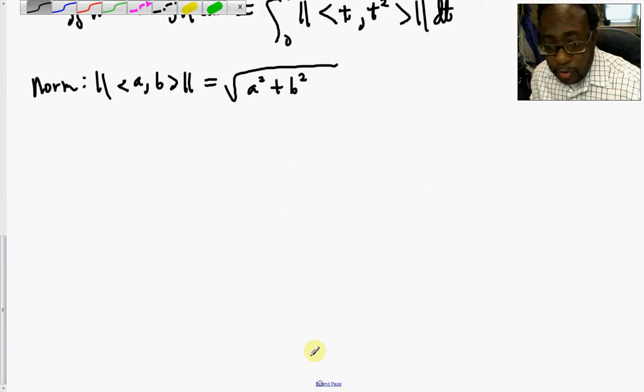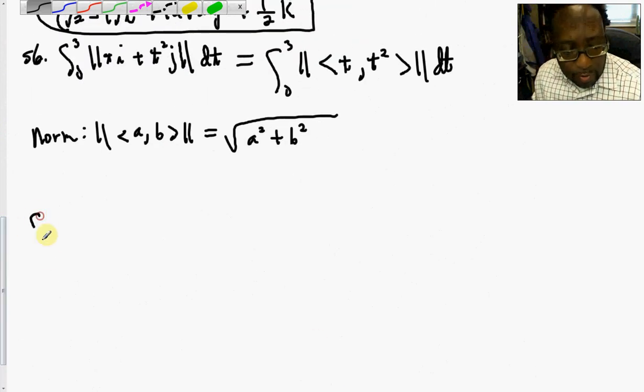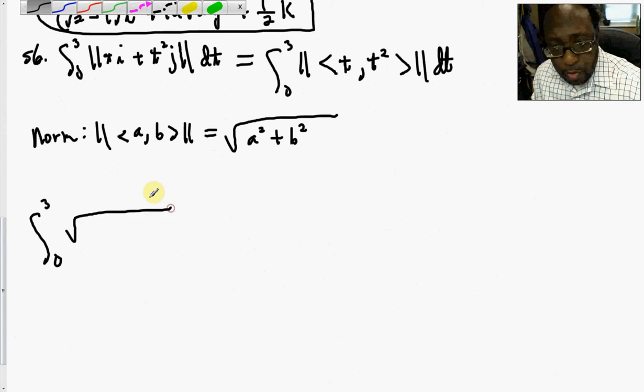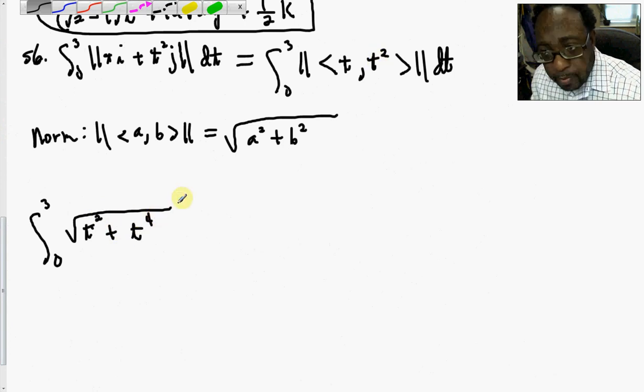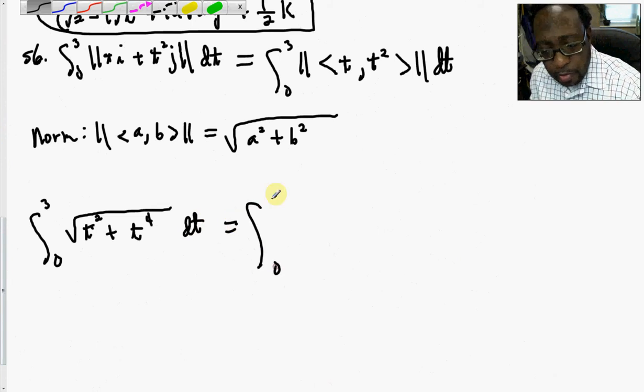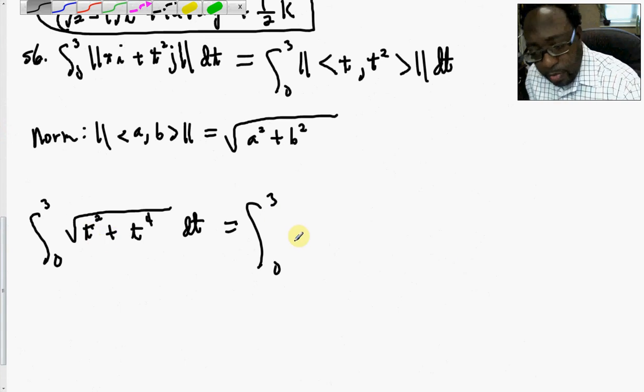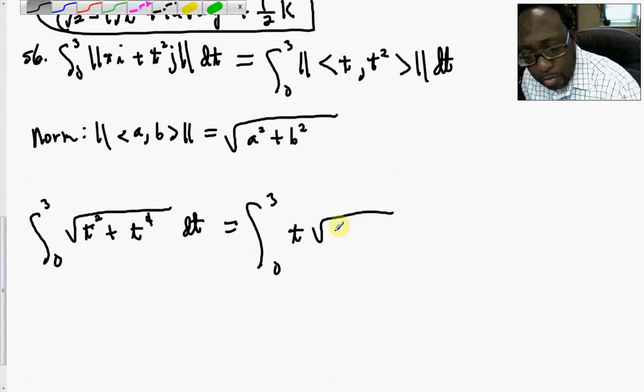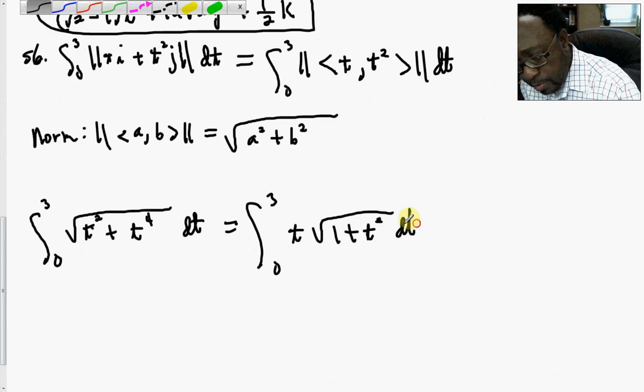So taking that into consideration, we have this is the integral from 0 to 3 of the square root of t squared plus the square of t squared, t to the 4th dt. And you can simplify that. This is the integral from 0 to 3. Factor out a t squared, take the square root of that t squared, we get t times the square root of 1 plus t squared dt.